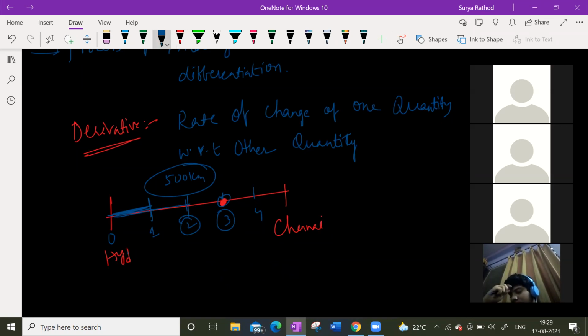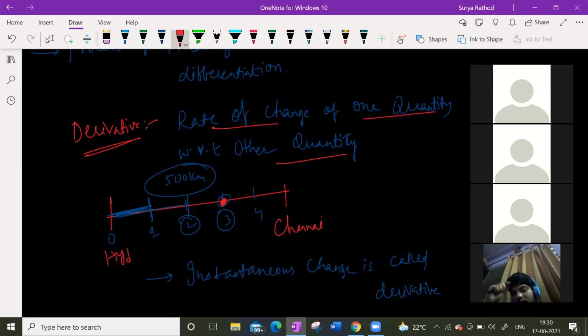Now look at this. Instantaneous change is called what? Called a derivative. There are two definitions. What is that? Rate of change of one quantity with respect to another quantity, and instantaneous change. So instantaneous change means what?